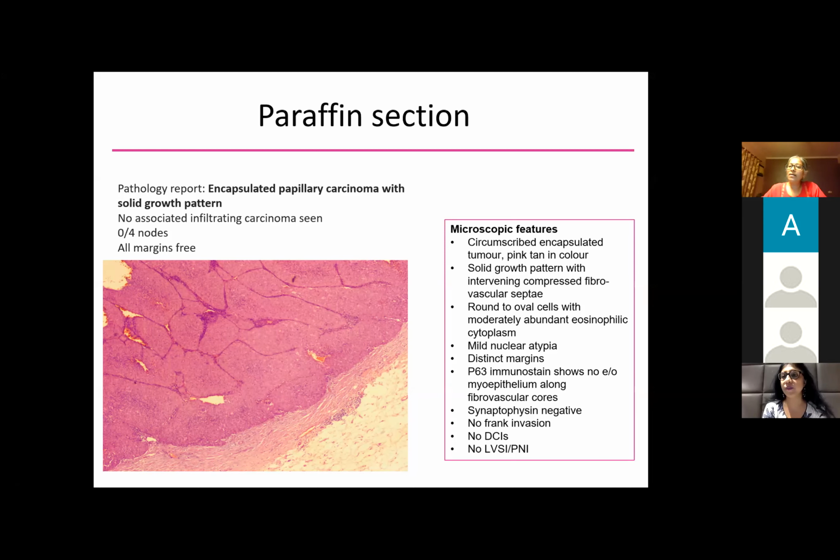What about APBI? Would she have been a candidate for APBI? I think so, because the tumor size is very, very small, and hypofractionated definitely. Yes, APBI can be offered to her because these tumors have a very slow and indolent behavior.